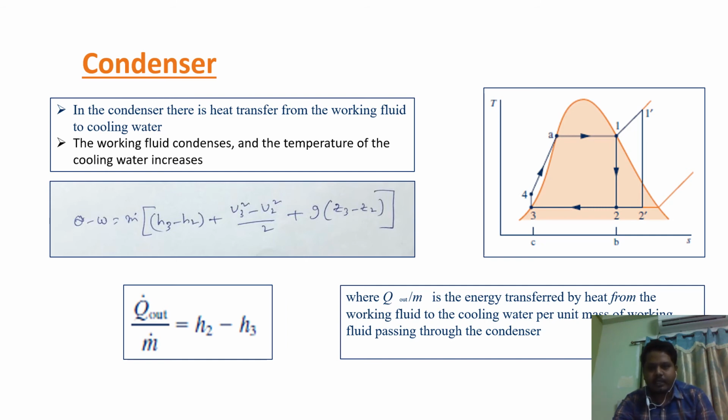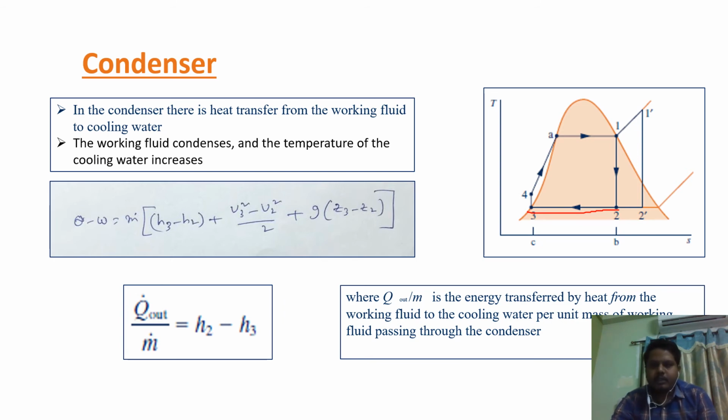Since here the process is 2 to 3, the water-vapor mixture is converting into pure water. So it is (H3 minus H2) plus (V3 square minus V2 square) by 2, the change in kinetic energy, plus (Z3 minus Z2), the change in potential energy.